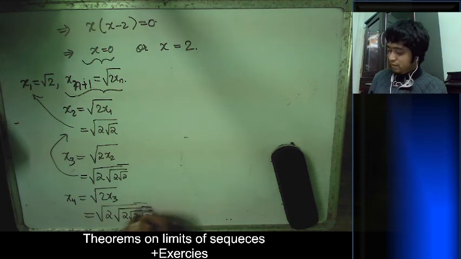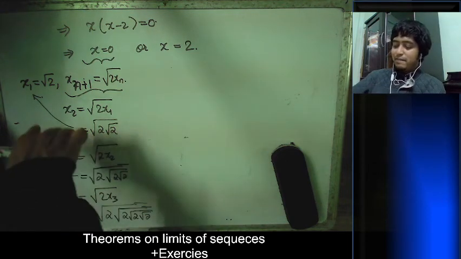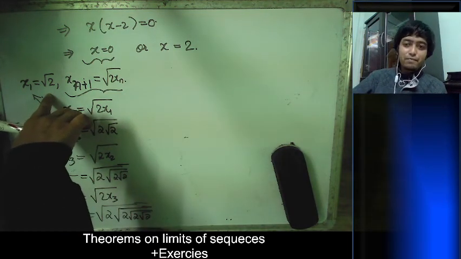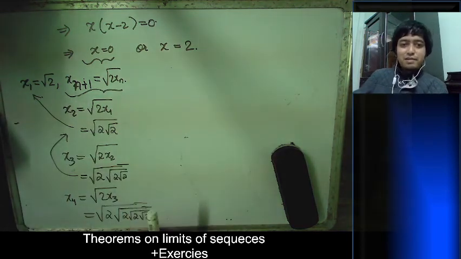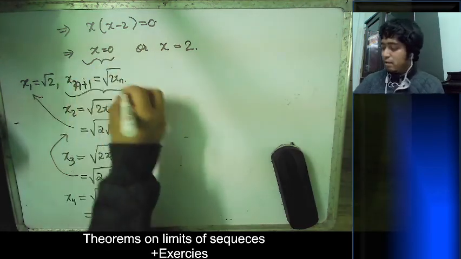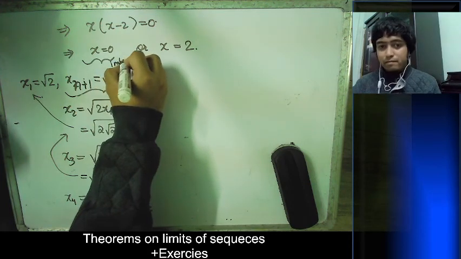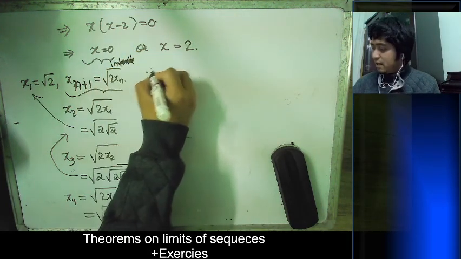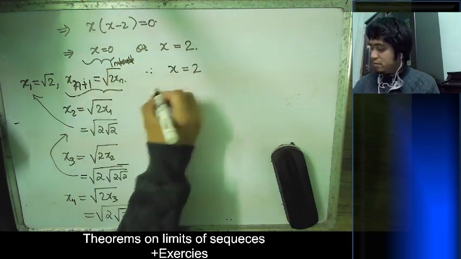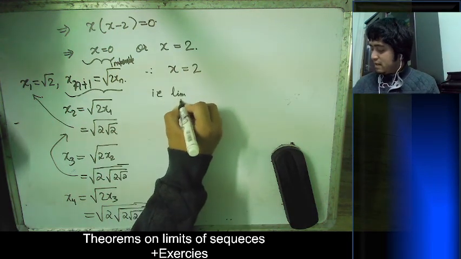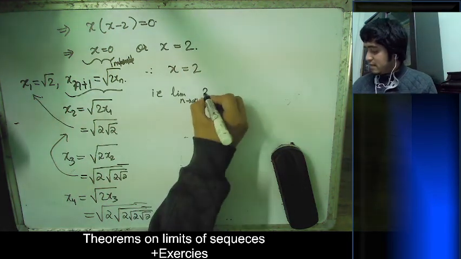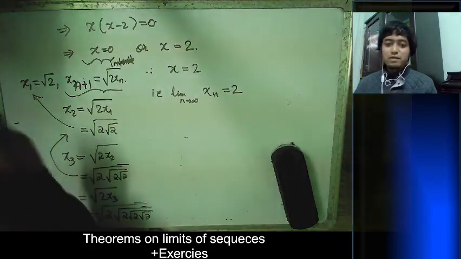So if you notice, it keeps on increasing. x1 started with root 2, the sequence keeps on increasing, so that's why the limit won't be equal to 0. So that is why x will be equal to 2. That is, limit n tends to infinity xn will be equal to 2.